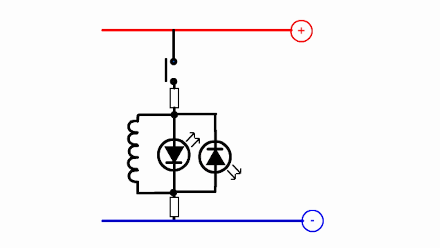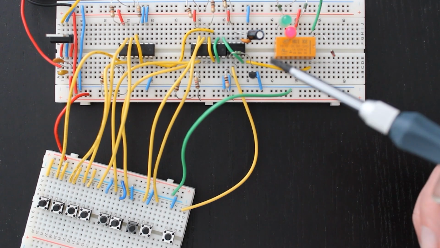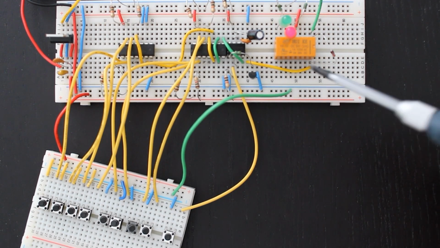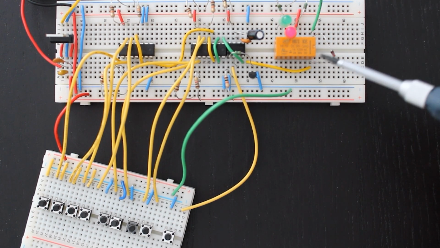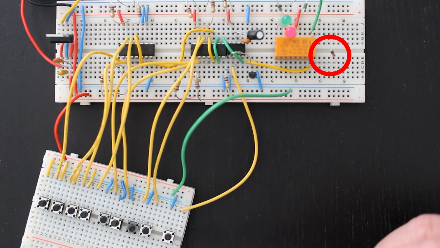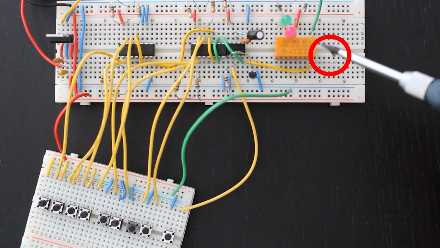And this is a property of inductors that you need to take a little care over, because if you're not careful to protect against that reverse polarity flow when the magnetic field collapses, then you can potentially damage other components in your circuit. And in fact, if you recall back to an earlier experiment where we were using a relay, you might remember that we placed a diode across the terminals of the relay.